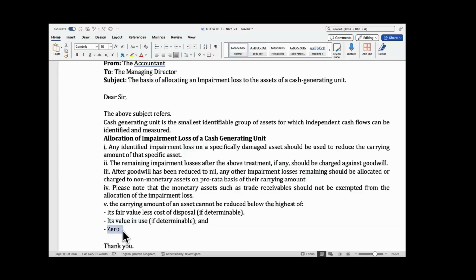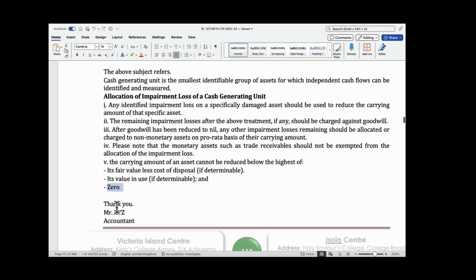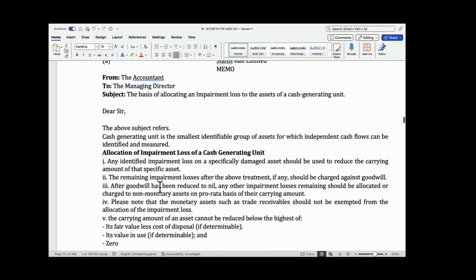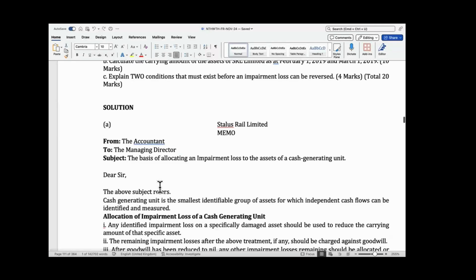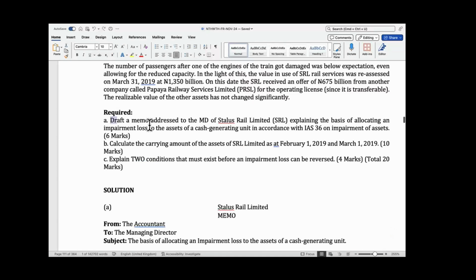Don't write them below the highest of any of these three. Thank you very much. My name is Mr. XYZ, and I am the accountant of Stalos. Okay, that's the memo for this A part of the question, 6 marks.